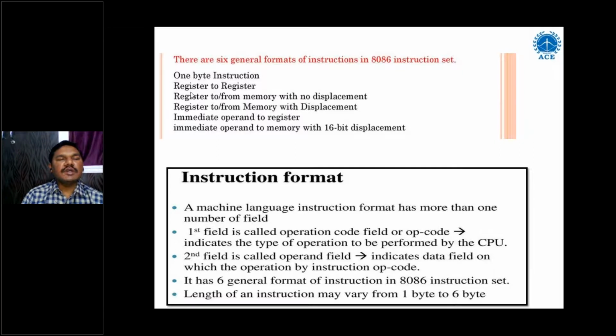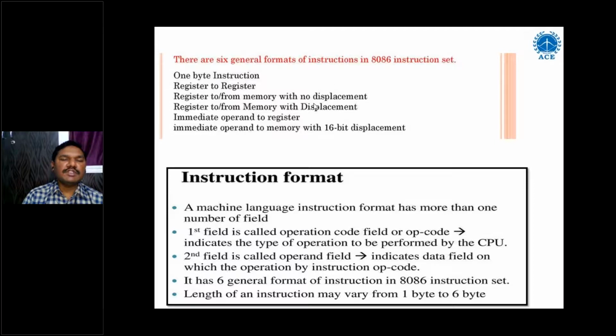1 byte instruction, register to register: suppose if I write MOV AX, BX, that is register to register. Register to or from memory with no displacement: if I write MOV AX, [SI], it is called memory to register, or register to memory, with no displacement.